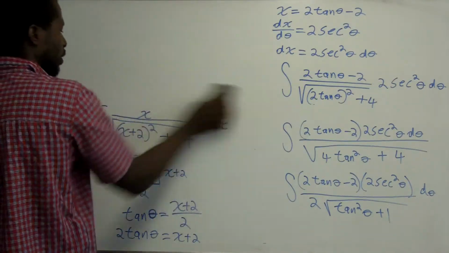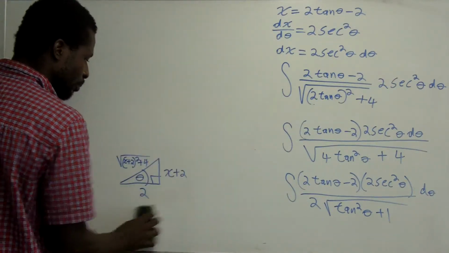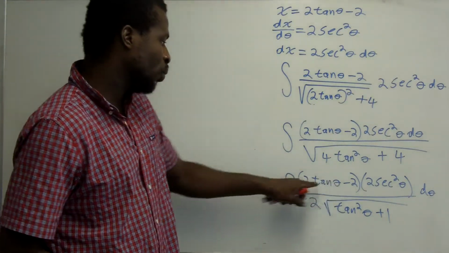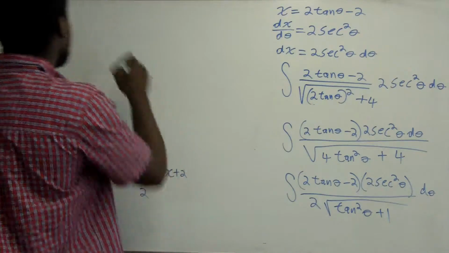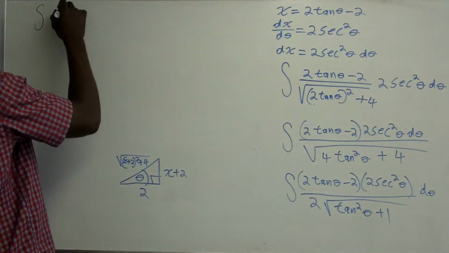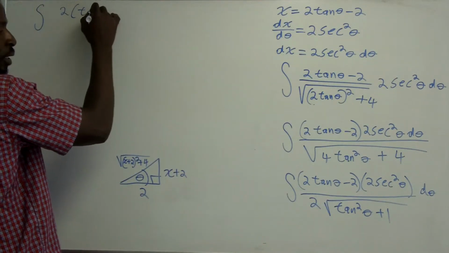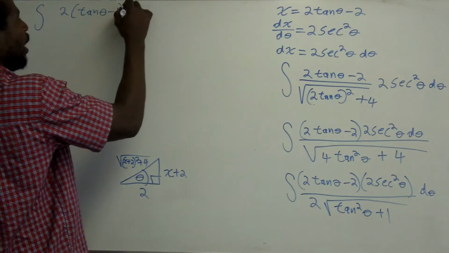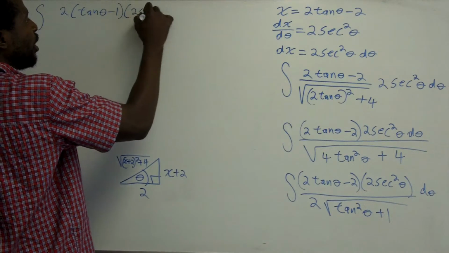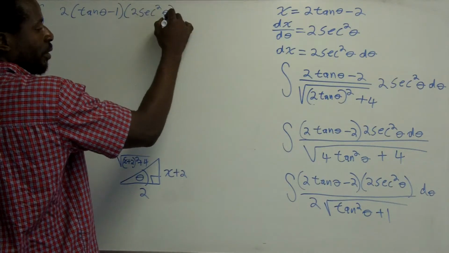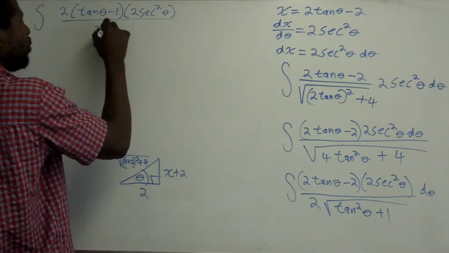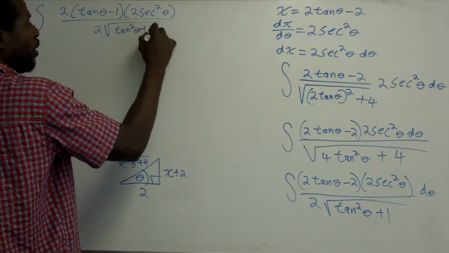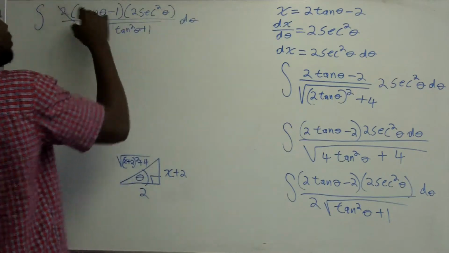Coming back over here, well, I can also factor 2 out of this factor here. So this is the integral of 2 times the tangent of theta minus 1 times 2 secant squared of theta over 2 square roots of tangent squared theta plus 1 d theta, and these 2's cancel out.